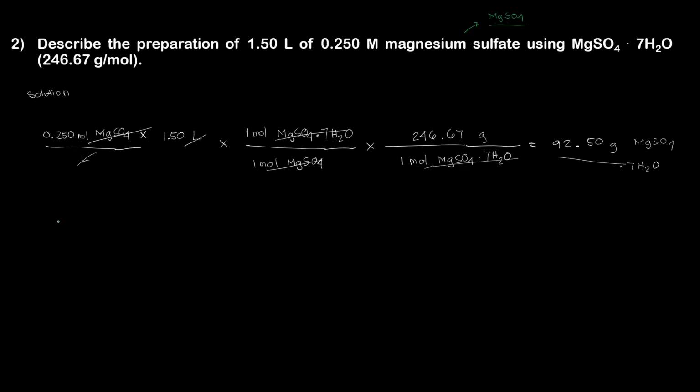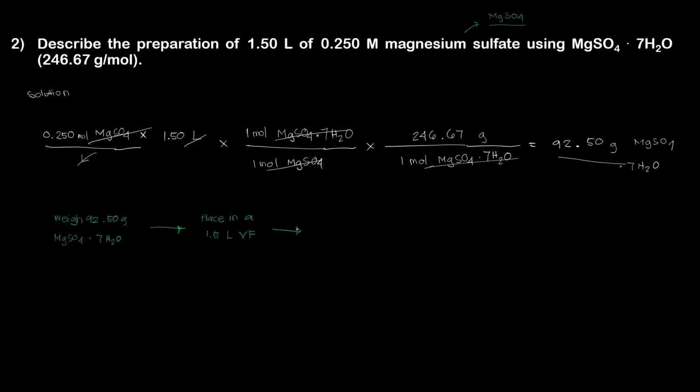Then we can explain how to prepare this 0.250 molar magnesium sulfate. First you should weigh 92.50 grams of magnesium sulfate heptahydrate. Then place it in a 1.5 liter volumetric flask, or 1500 ml.